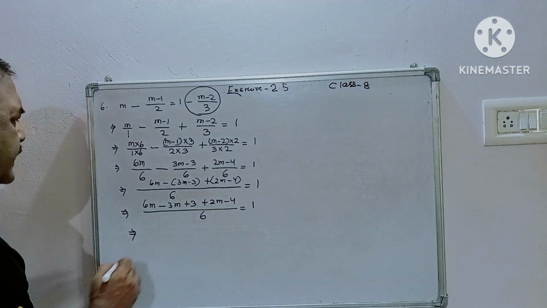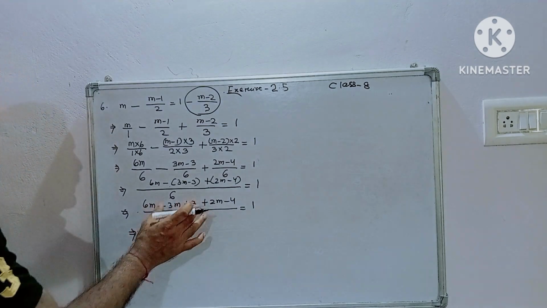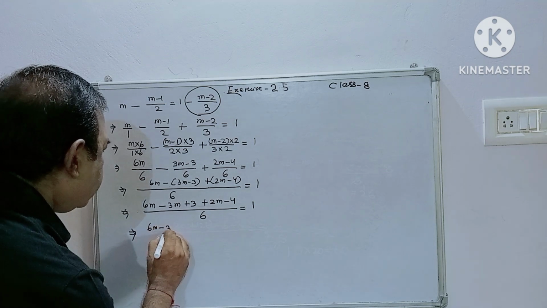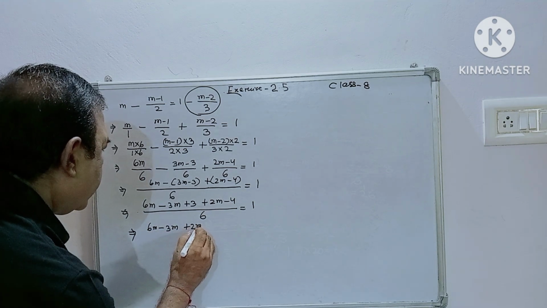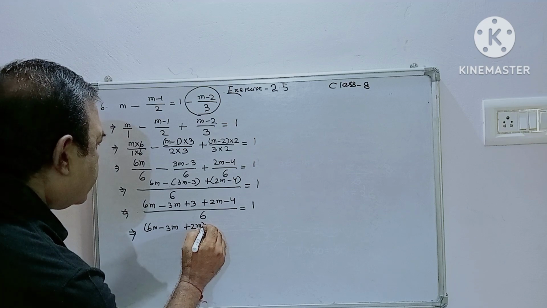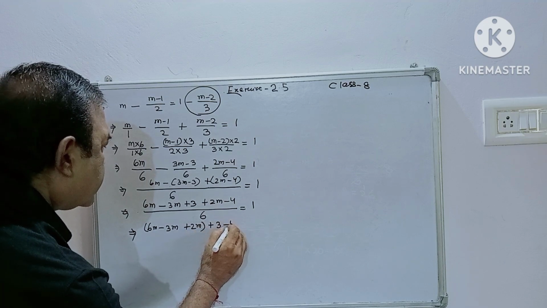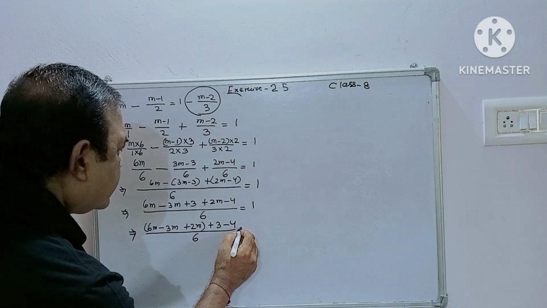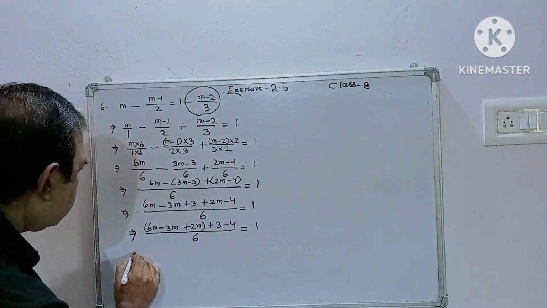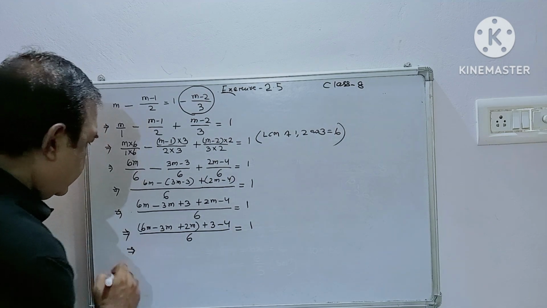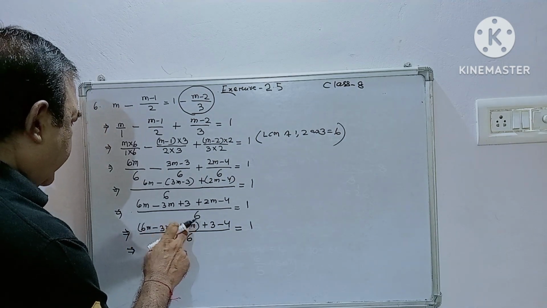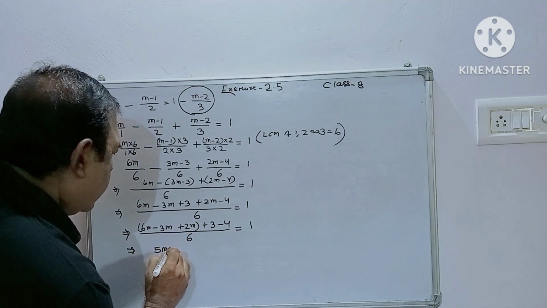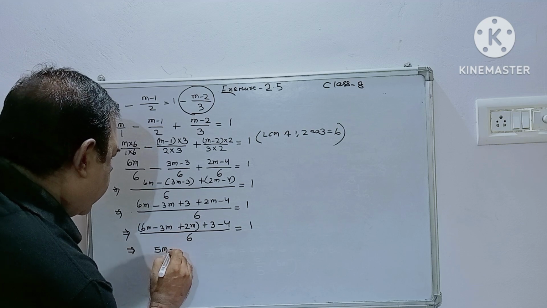That implies, you bring the like terms closer. (6m minus 3m plus 2m) plus (3 minus 4) whole divided by 6 is equal to 1. That implies 6m plus 2m is 8m, 8m minus 3m is 5m, plus 3 minus 4, that is minus 1.